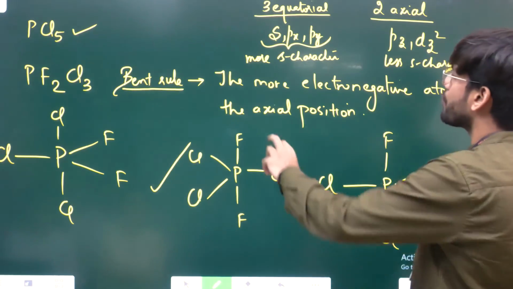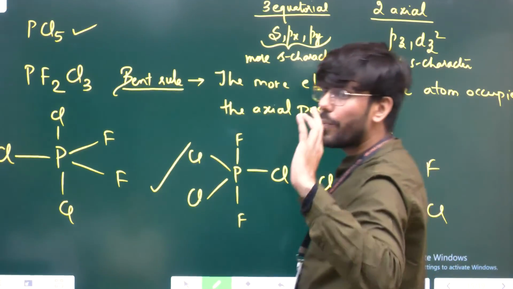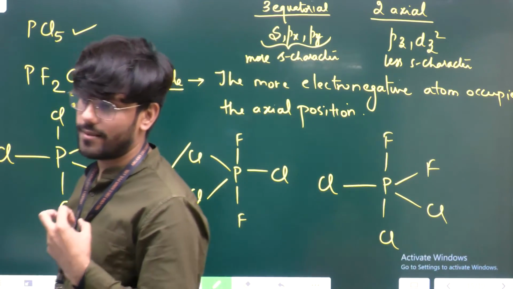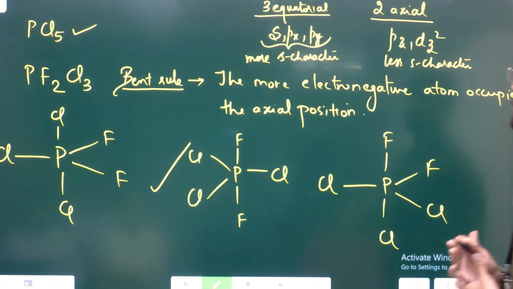So according to Bent's rule, the more electronegative atom occupies those positions where the s character is less. ऐसे भी आप समझ सकते हैं. Is it clear?